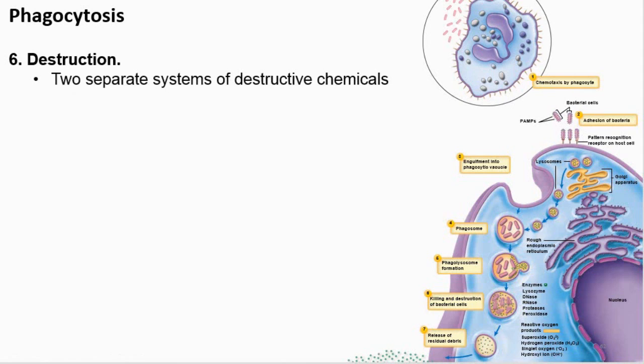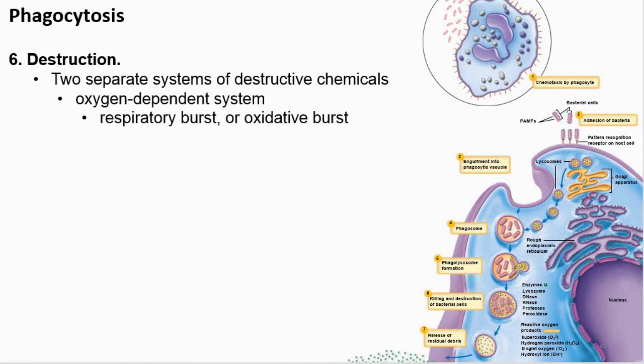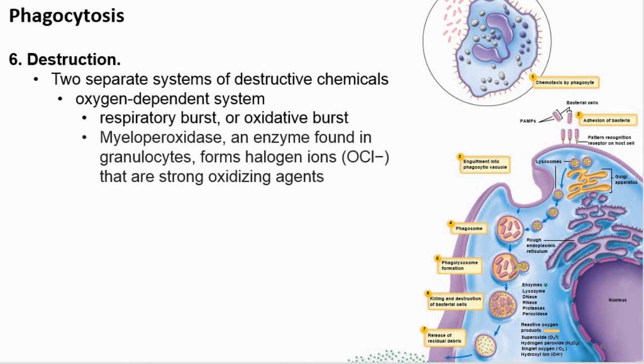And this next part comes back to what we had talked about in previous chapters of what types of chemicals we use to destroy pathogens. So we have the oxygen-dependent system, which includes the respiratory burst or oxidative burst, because oxygen-containing molecules and forms of oxygen are very, very destructive, right? Another one is myeloperoxidase, which is an enzyme in granulocytes.